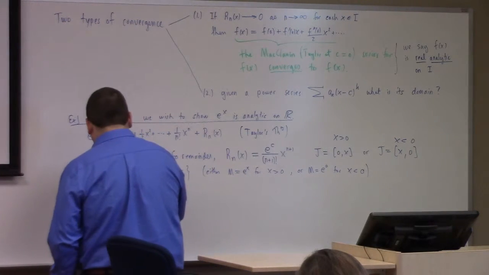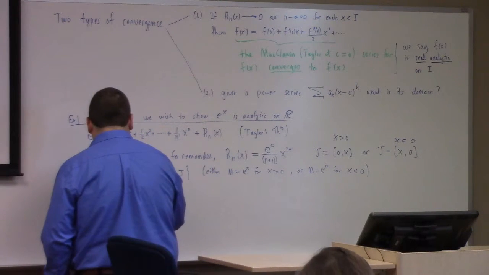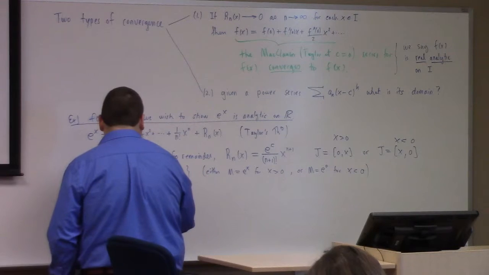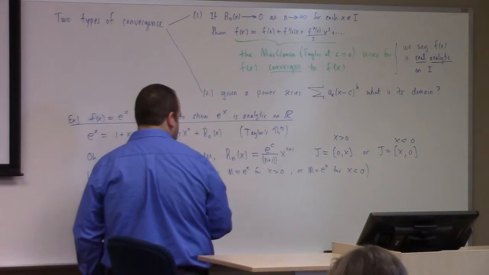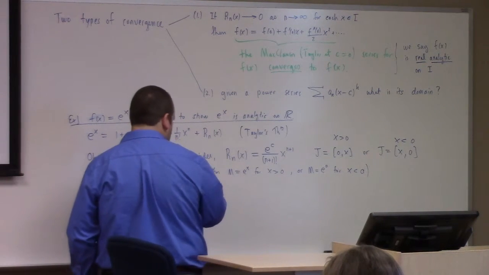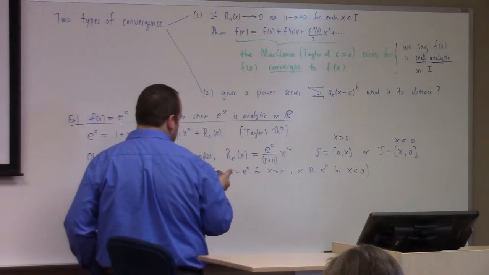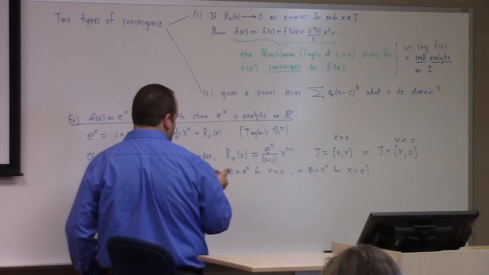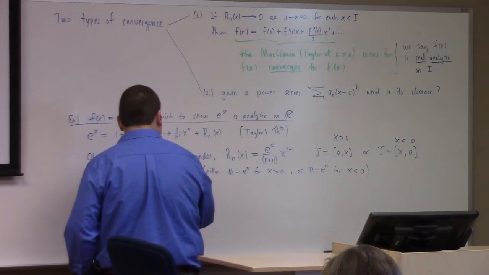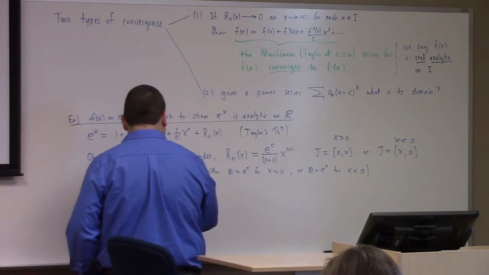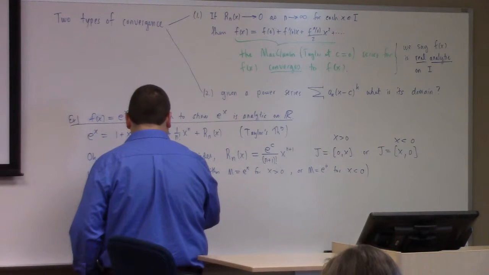So then, if you think about it, the absolute value of Rn of x is less than or equal to m times the absolute value of x to the n plus 1 over n plus 1 factorial.